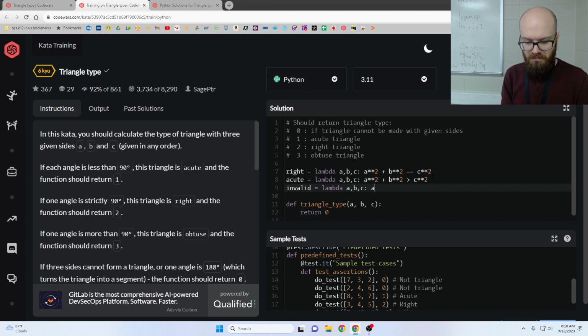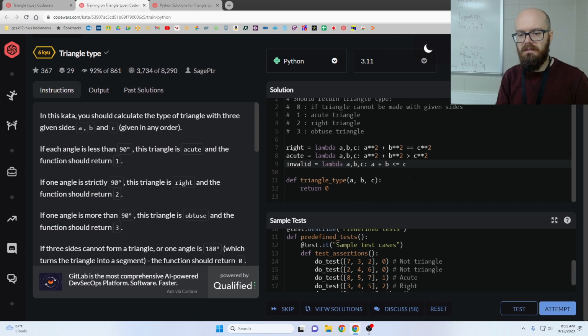So we can say A plus B is not enough to cover C. Oh, earlier I said the biggest one's not big enough. This is checking if the biggest one is too big. So now I think that's right, but let's test them.